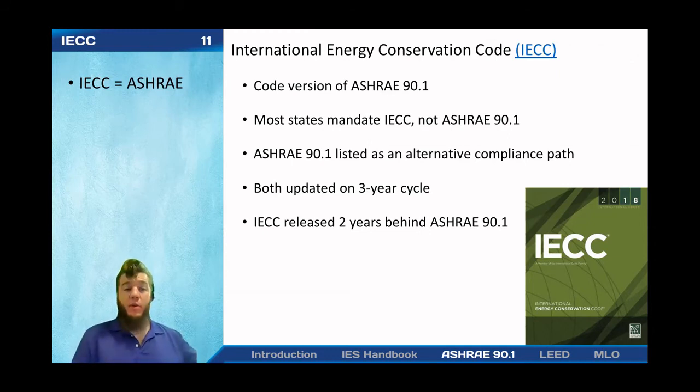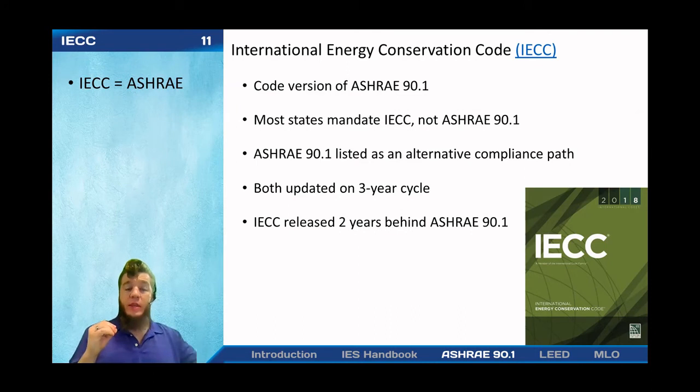Both of these documents are updated on roughly a 3-year cycle. So you'll see ASHRAE 2016, but we already have ASHRAE 2019, which is currently under review by the Department of Energy. The IECC editions are typically released 1 to 2 years behind the ASHRAE 90.1 releases.